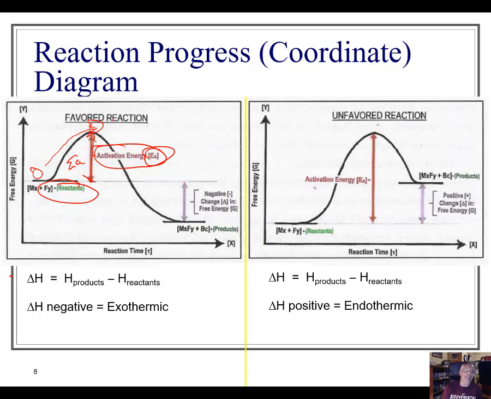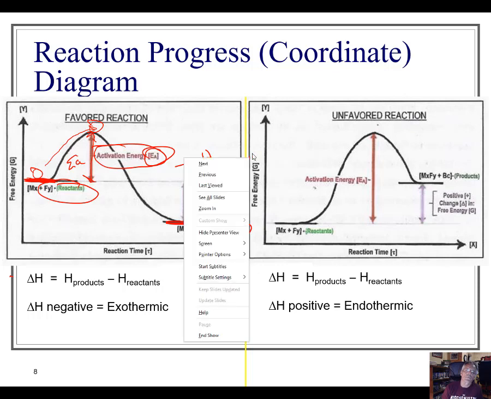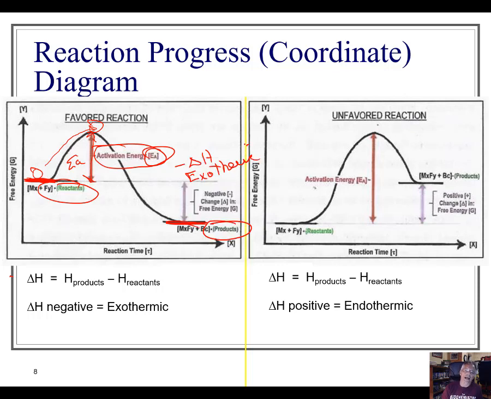But in the end, if the original reactant energy is higher than the product energy, that reaction is exothermic and has a negative delta H. That is an exothermic reaction, and that tends to be favorable.